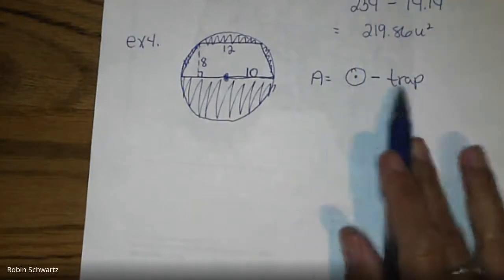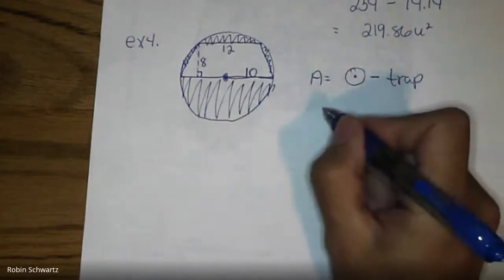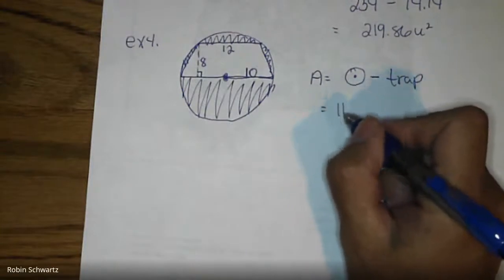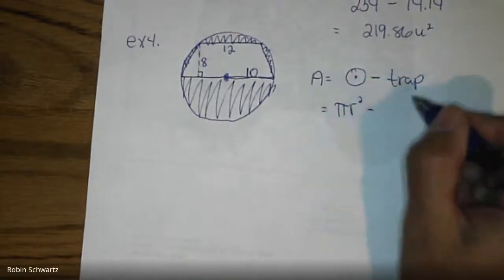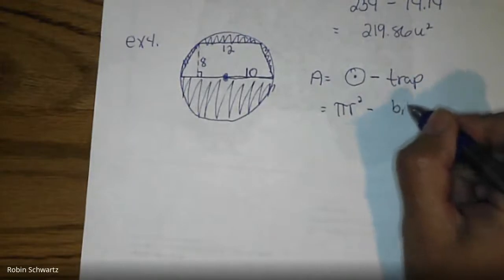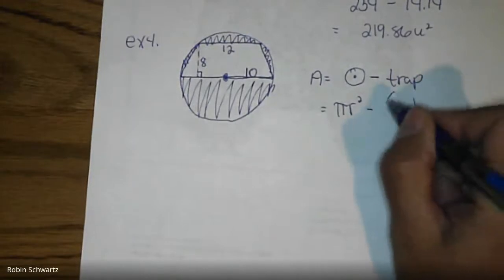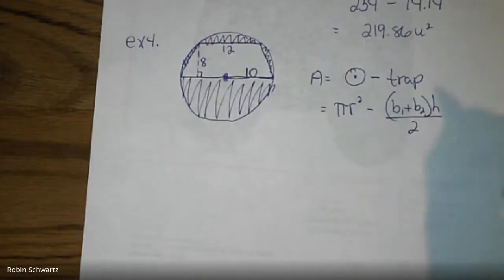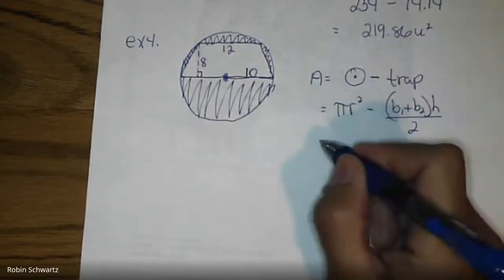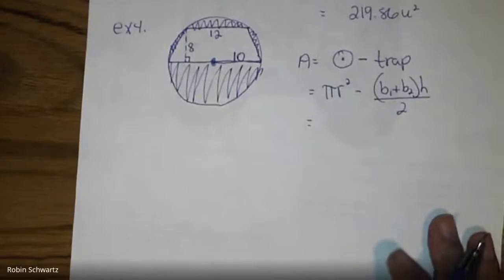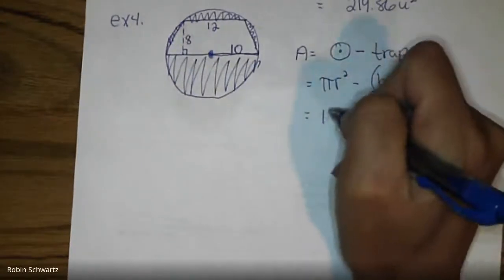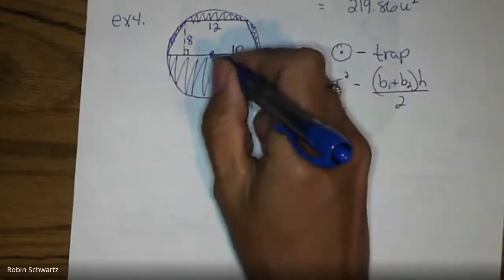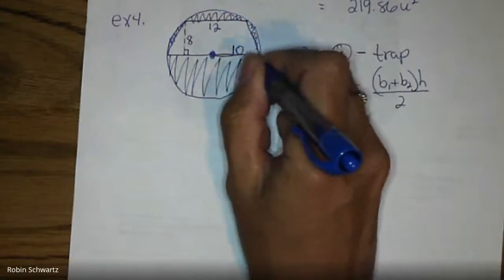Once you've got the symbols down, go to your card, grab some formulas. That's pi r squared. This is base 1 plus base 2 times height divided by 2. Now the hard part's done. Go to the pictures, grab what you need. So we've got pi, circle, radius, center out is right here.